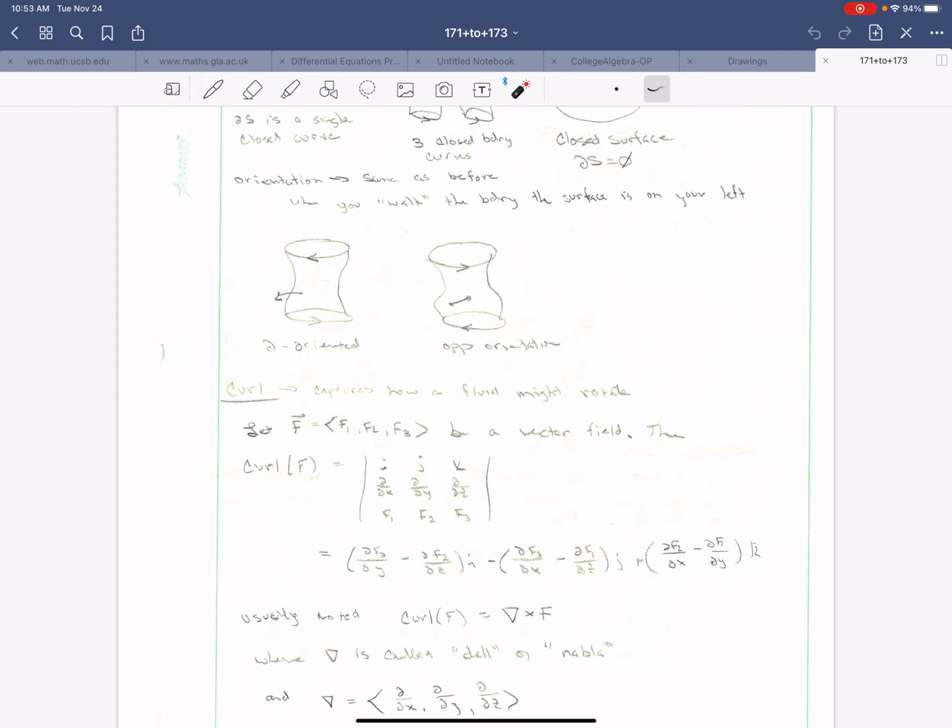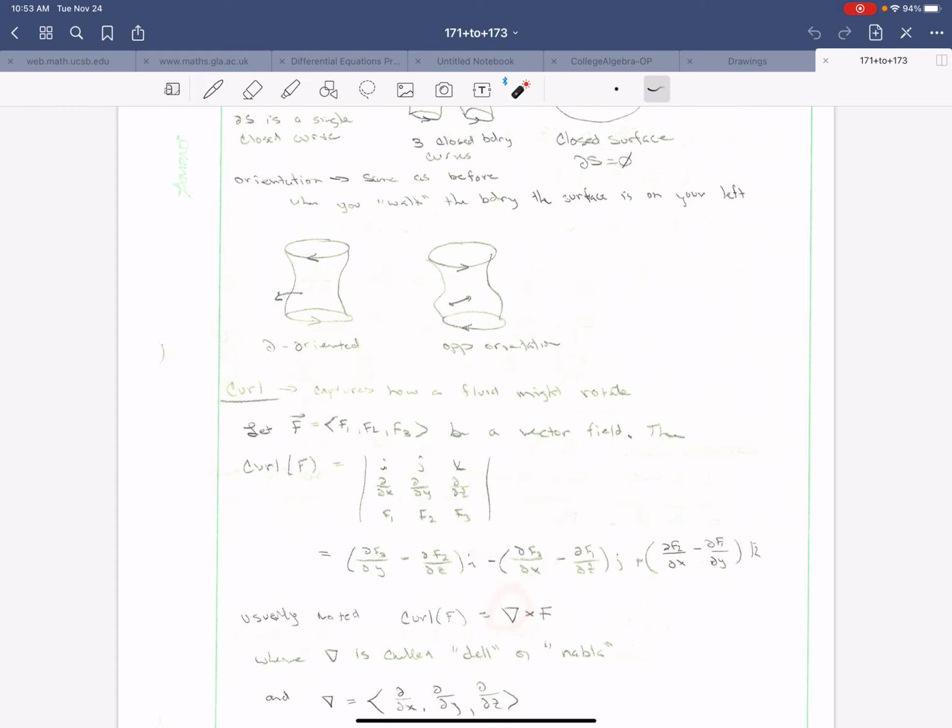So usually we write the word curl as the function name, or the operator name in this case, and then the input or the argument of that is the actual vector field. We usually write it like this. This is del, or nabla, it's called, and so it's like that gradient symbol, but it's del cross f or nabla cross f.